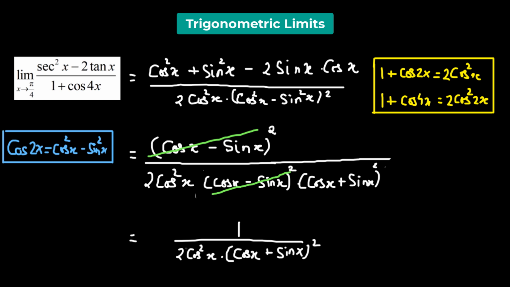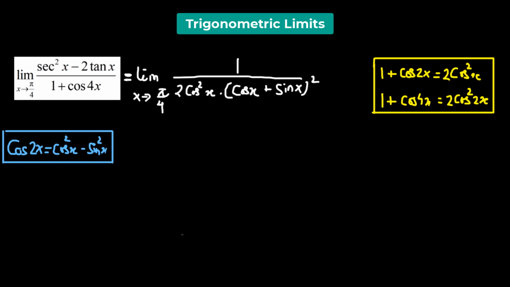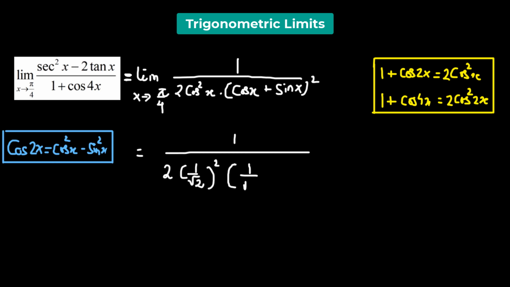Now we are going to apply the limits. So we have 1 over 2 times cosine of pi over 4, which is 1 over square root of 2, whole squared, times cosine of pi over 4, which is 1 over root 2, plus sine pi over 4, which is also 1 over root 2, whole squared.